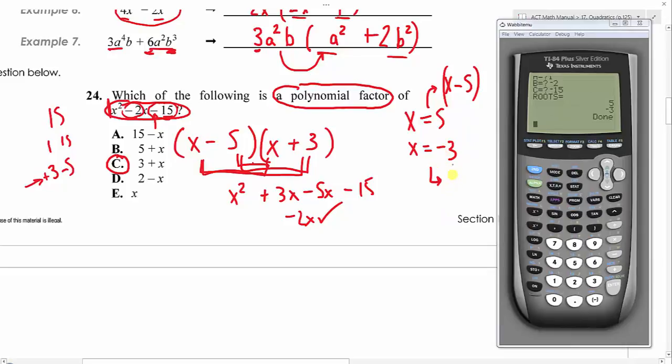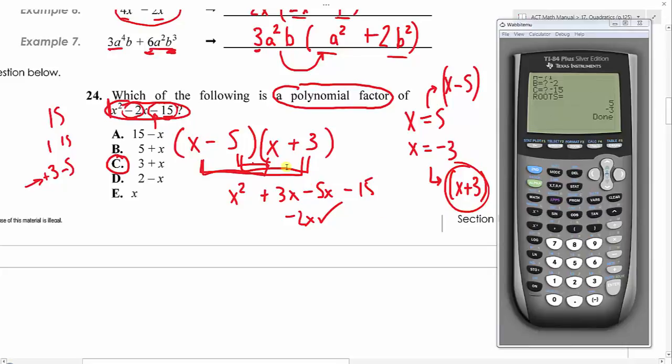And if -3 is a zero, that must mean that x plus 3 is a factor, because a root of 5 comes from the factor x minus 5, and a root of -3 comes from the factor x plus 3. So in this way, we have just used the calculator program to get our zeros from which we can get our factors, and again, we saw that the answer was x plus 3.